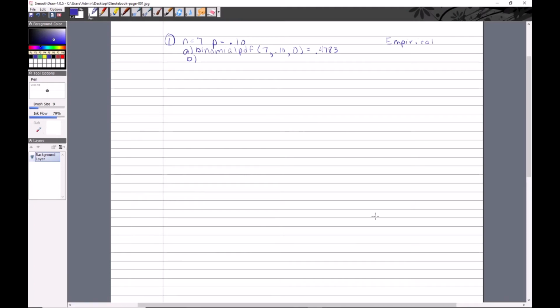All right, that seems to be a binomial CDF. All right, 7, comma, 0.10, comma. At least one would be from 1 up to 7. So it's basically 1 minus the probability of none. This is 0.5217.